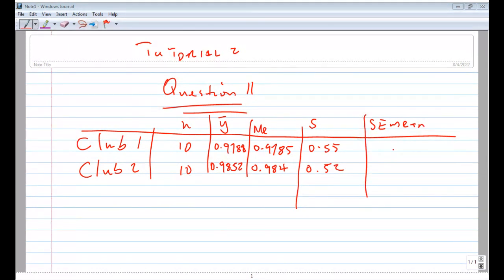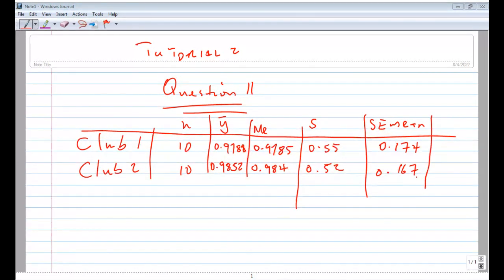So this one, standard error of a sample mean, I think they made a mistake, or maybe it's a matter of rounding anyway. It's supposed to be 0.174, and this one is 0.167.